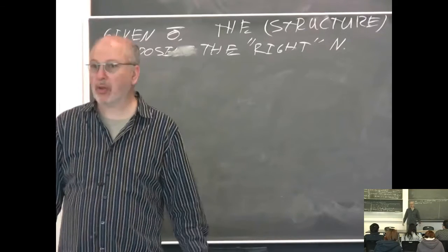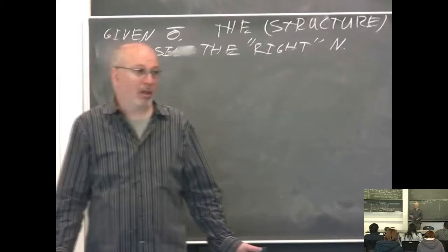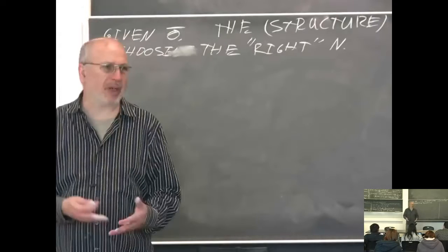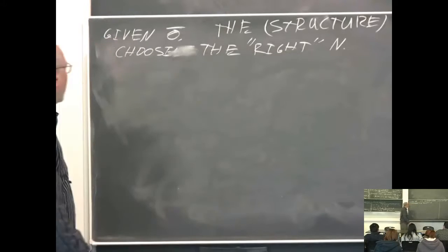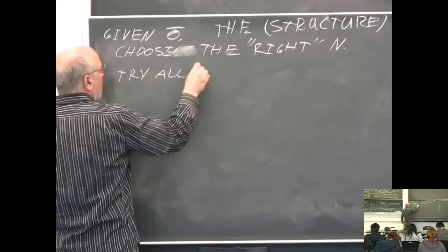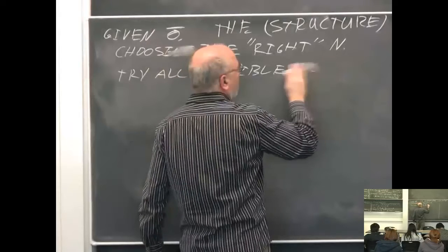So a natural thing to do is, since n is just a single integer, just try all the different HMMs. Well, an HMM with one state is not really an HMM, but 2 states, 3 states, 4 states, 5 states, try all possible values of number of states.